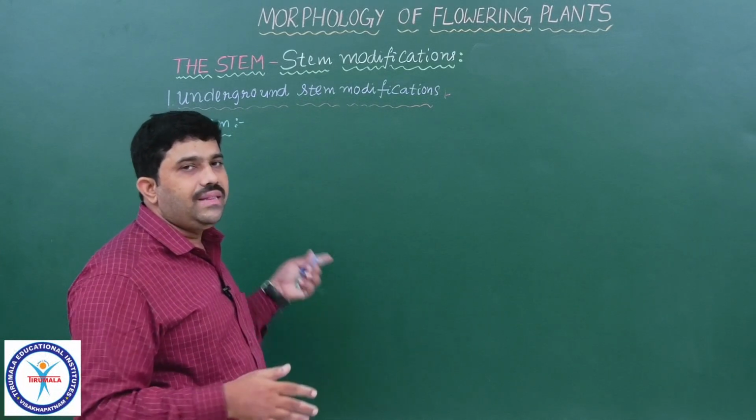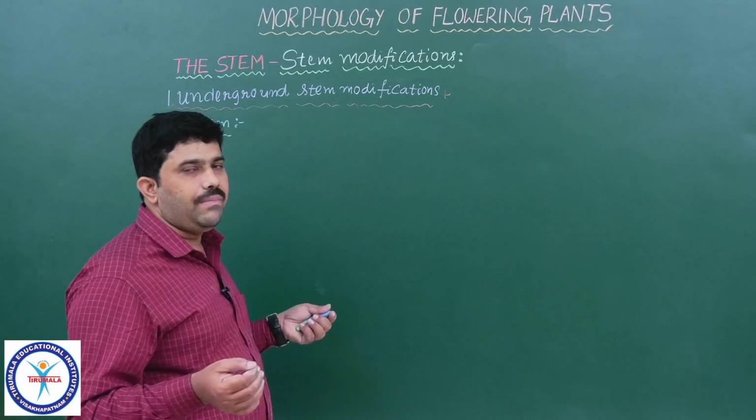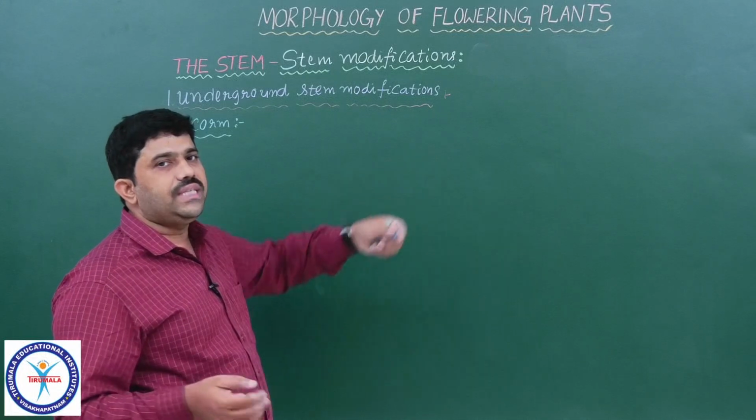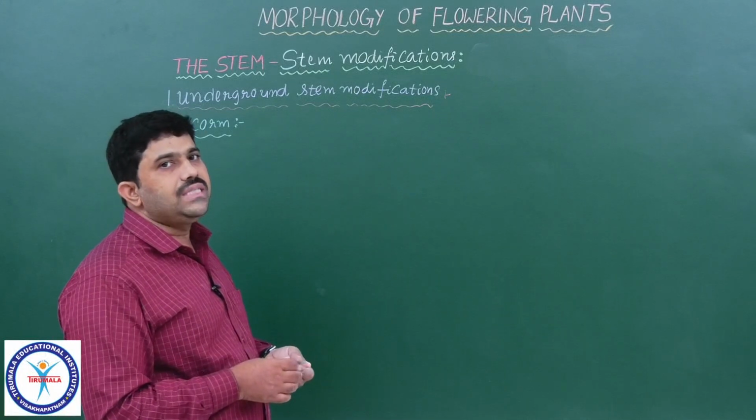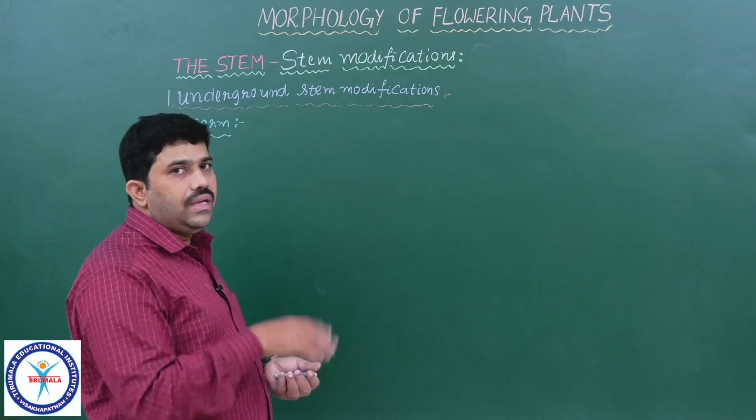Now you got the point. They don't have lateral branches. In the rhizome, branched structures are seen, and they grow horizontally.